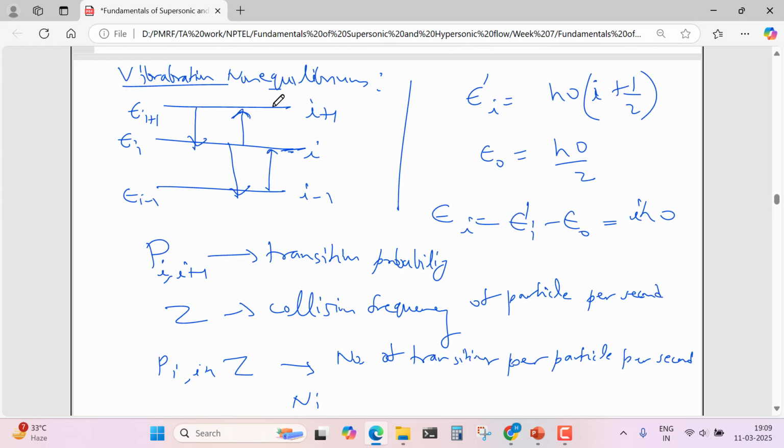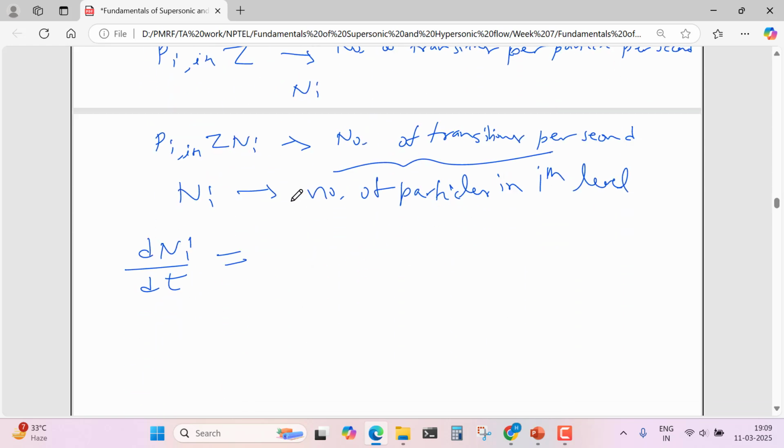So first we will write from I plus 1 to I, it will increase, Z and P I plus 1, I, and from I minus 1 to I also it will increase.